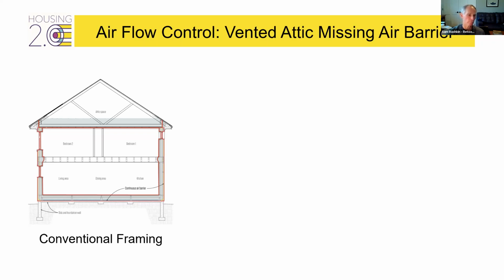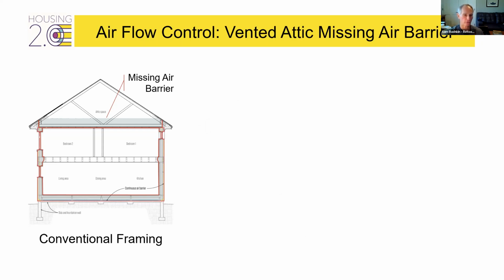If I do this for conventional framing, this is what I get. What you should note is there's no air barrier on the top side of the insulation. We're missing a critical air barrier on almost half of the attic insulation, which is the thermal buffer between the most egregious interface we have, the attic and the conditioned space below.